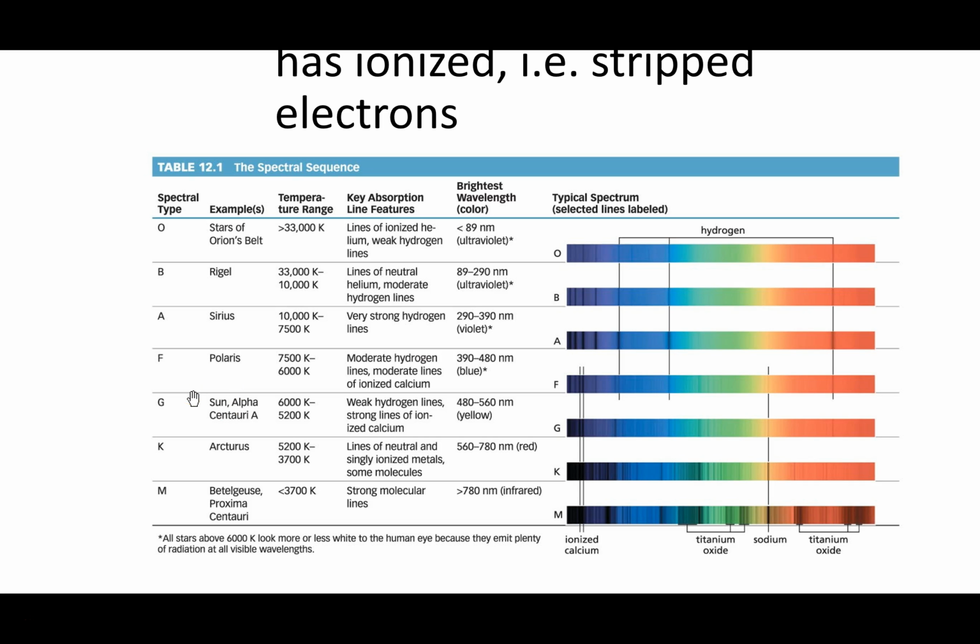Some of us looked at that party star the other day, Arcturus. And Betelgeuse, right? In Orion. So you can kind of see the hottest and the coolest stars. That's kind of how that works.